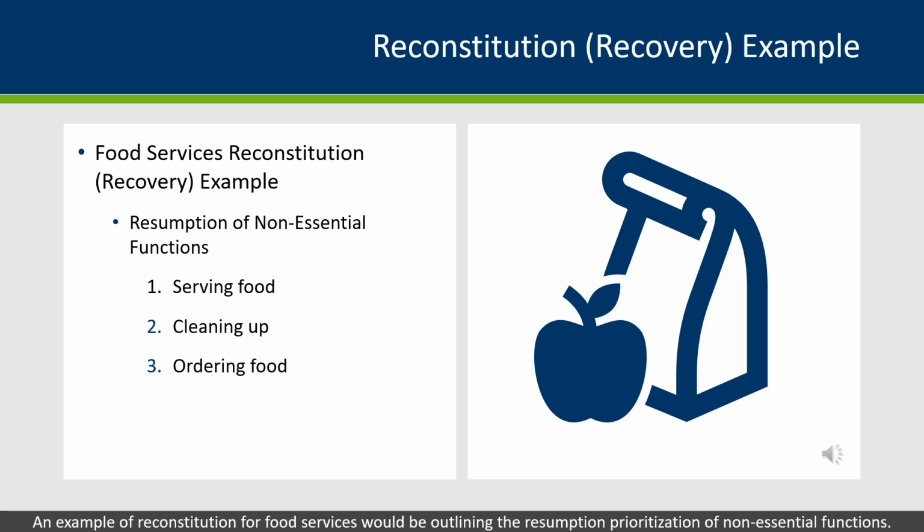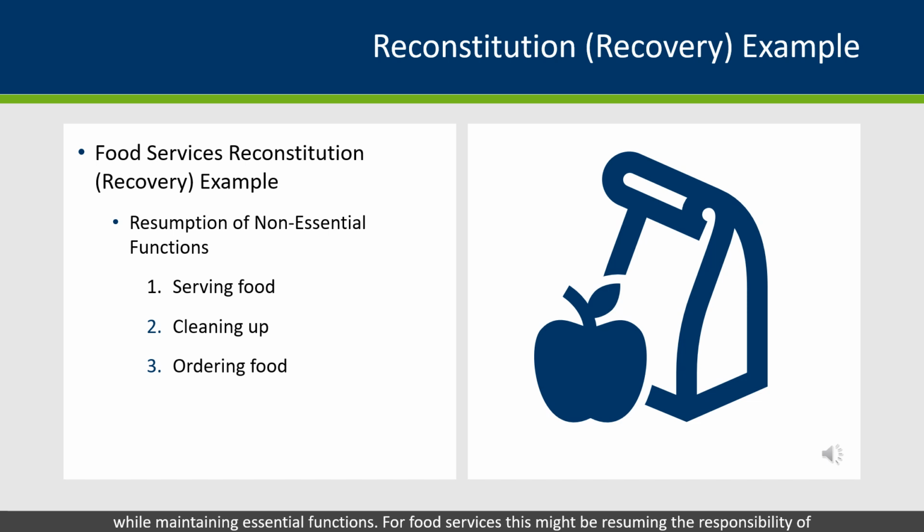An example of reconstitution for food services would be outlining the resumption prioritization of non-essential functions. In Webinar 3, we identified serving food, cleaning up, and ordering food as non-essential functions of food services. A component of reconstitution planning is prioritizing the resumption of normal business operations while maintaining essential functions.